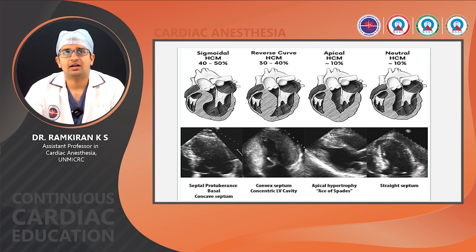In the apical type there is apical hypertrophy leading to the pattern of ace of spades, which is around 10%, and the neutral HCM has a straight septum and uniform dilatation. So these are the various types of LV cavity found in HCM.